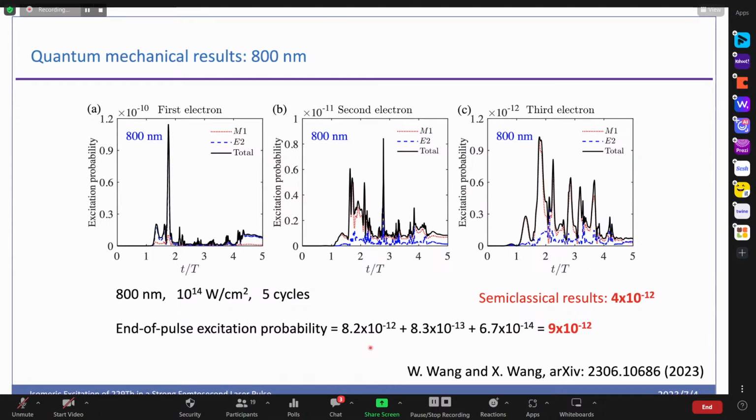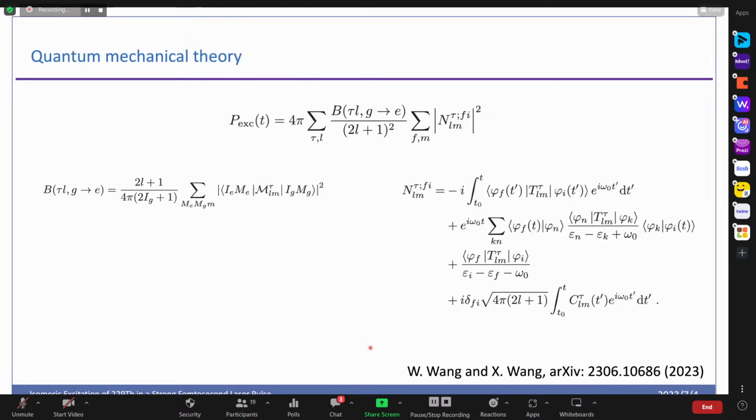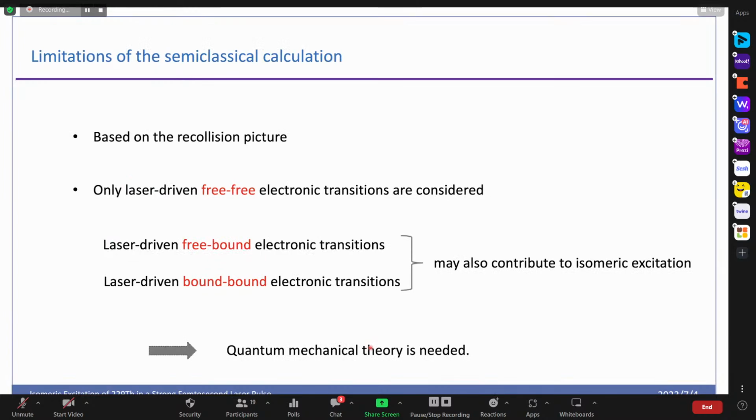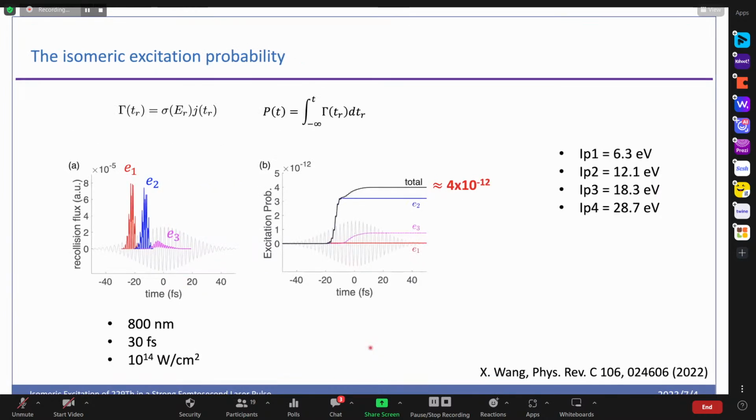Yeah, that's a very good point. Yes, because the semi-classical case is based on the recollection picture. So we assume that it's only from recollection, but the first electron is ionized too early. So the recollection energy is less than 8.3 eV.